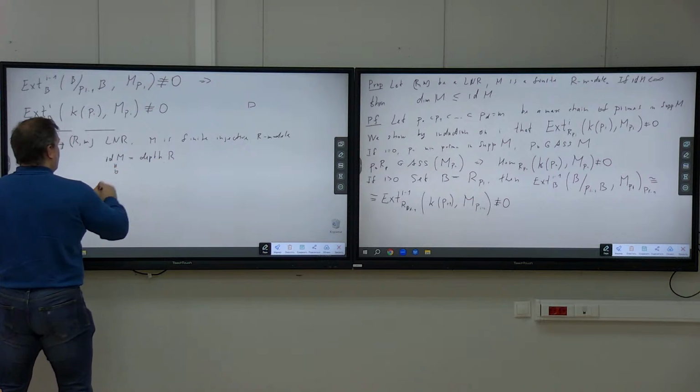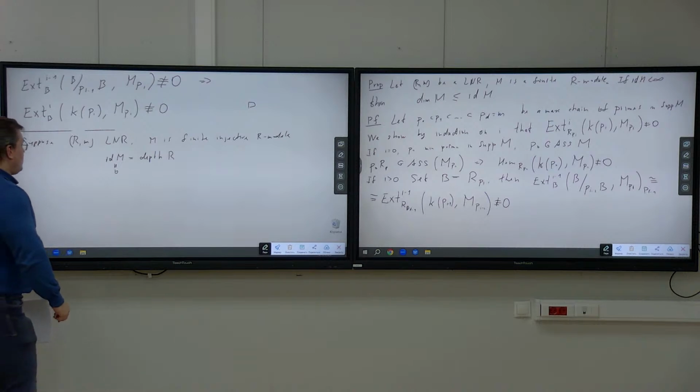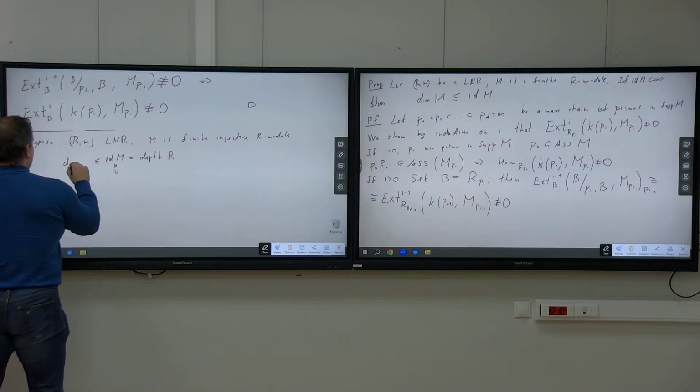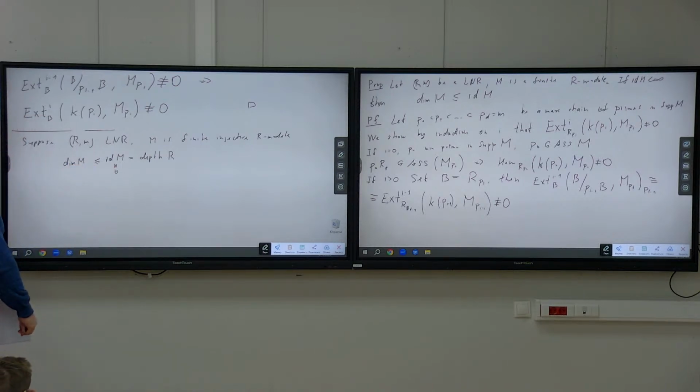But the injective dimension is 0, right? And also we know that the dimension of the module is less or equal than the injective dimension. Alright. Now let me see, is this enough?